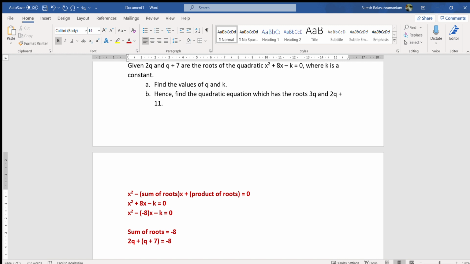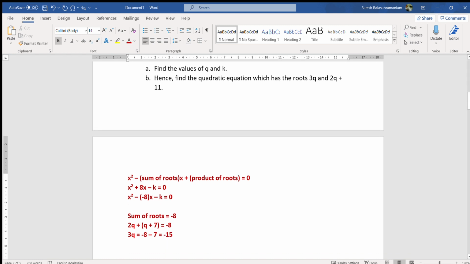Solve this: 2q plus q, you get 3q, and I'll bring 7 over to my right, so equals to negative 8 minus 7, that becomes minus 15. So q equals to negative 15 over 3, which is negative 5.